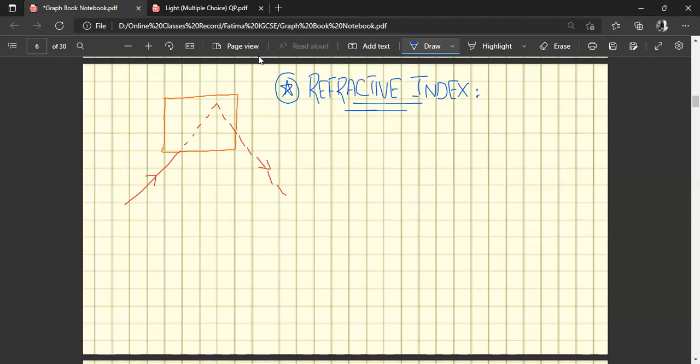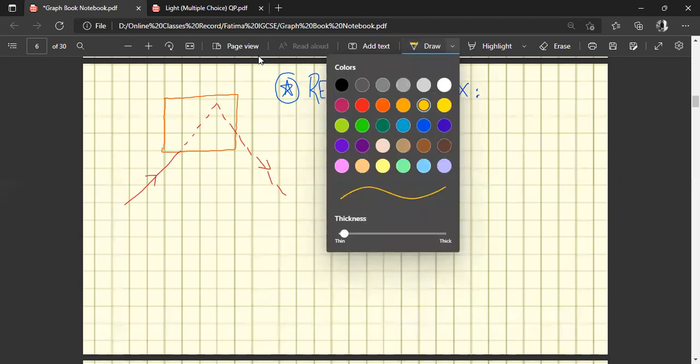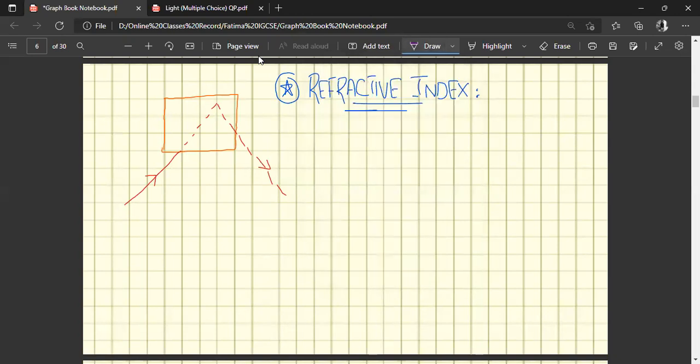Yeah. Okay. So what is the formula for refractive index? We haven't done the formula. Okay. So basically refractive index is a quantity, or you can say a fixed value for every medium, which shows you how much it can refract or bend light after passing through it, right? Yes. It is a unitless quantity because there is no unit.